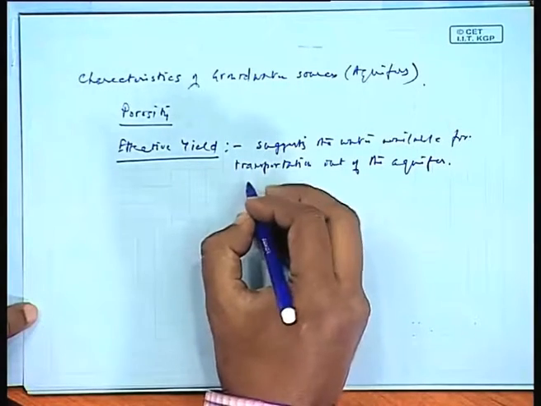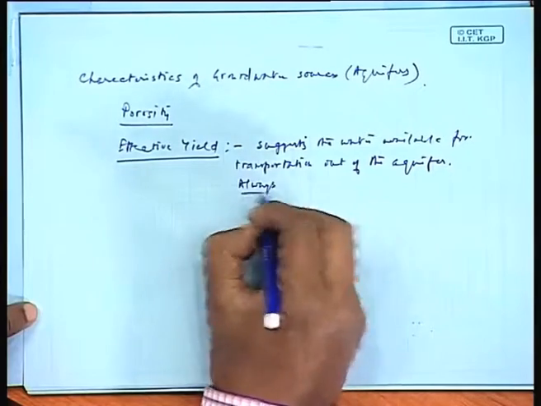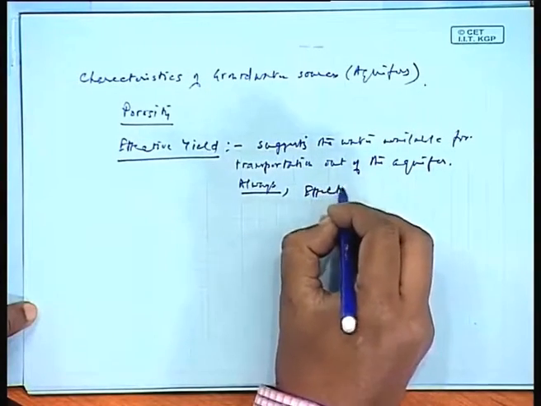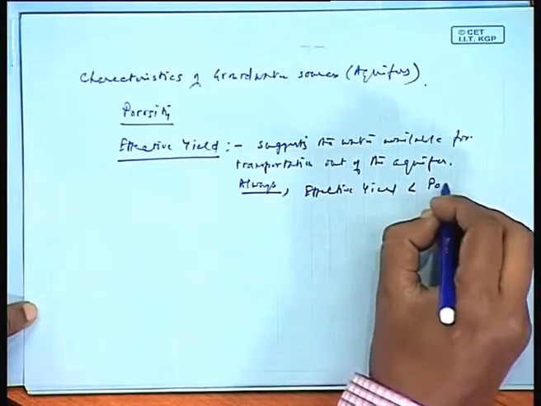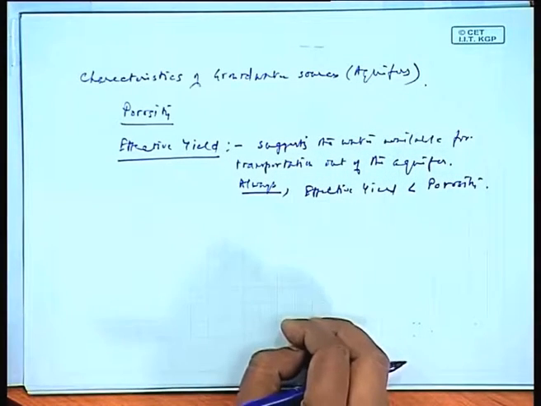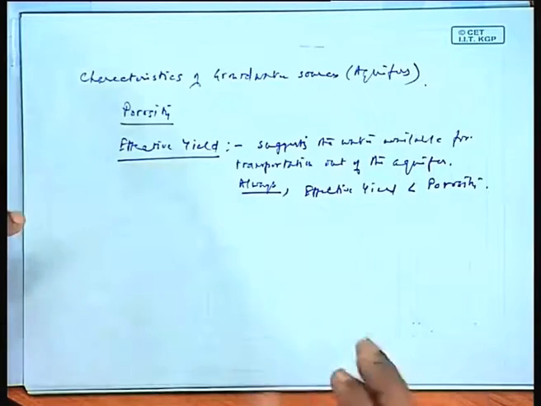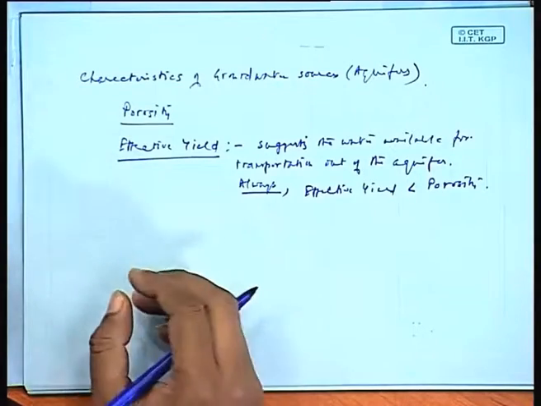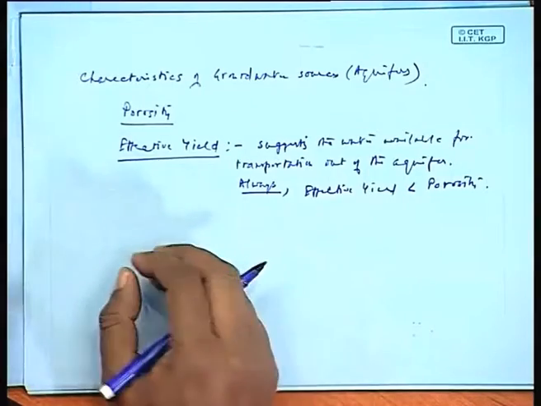As you can observe, effective yield would always be less than porosity. The same example I have given for soil can be given for any other geological structures.